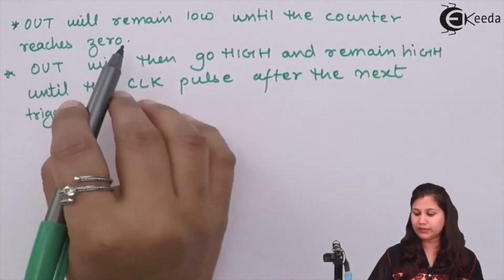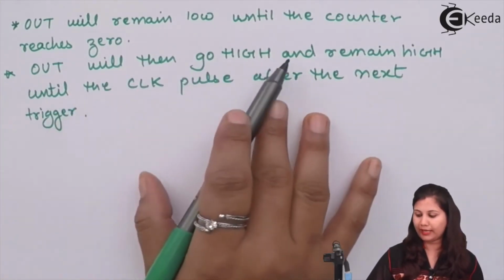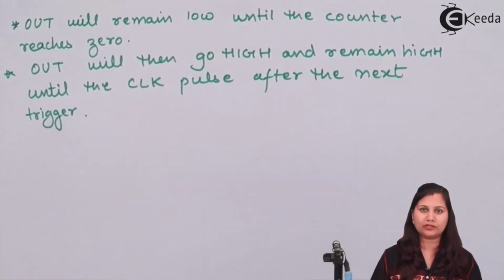The out signal will remain low until the counter reaches 0, and out will then go high and remain high until the clock pulse after the next trigger has reached.